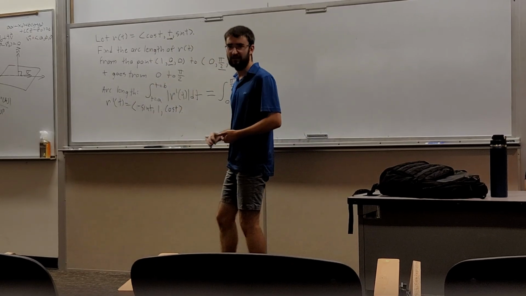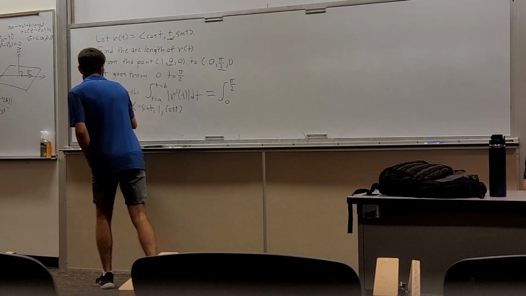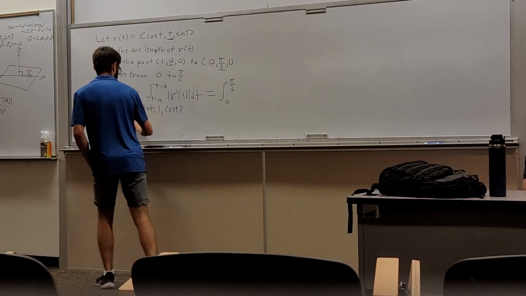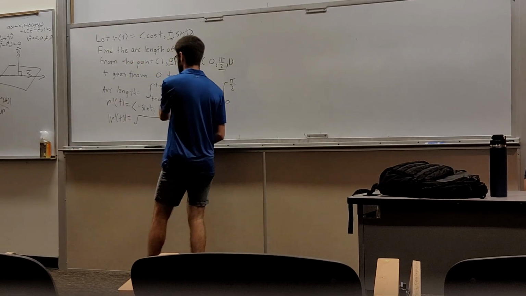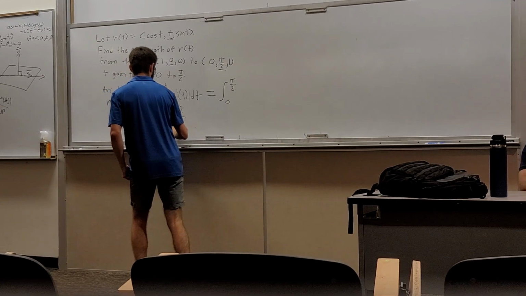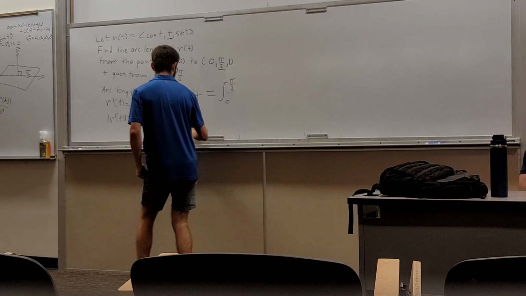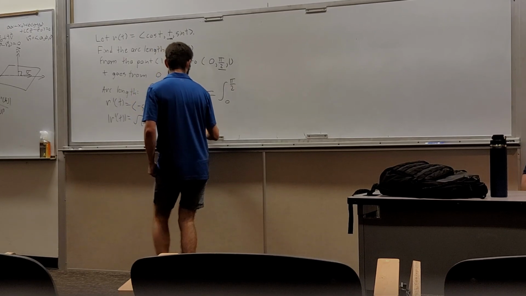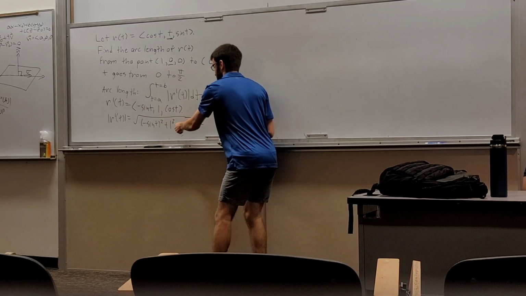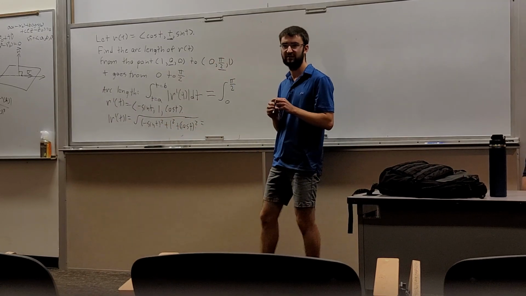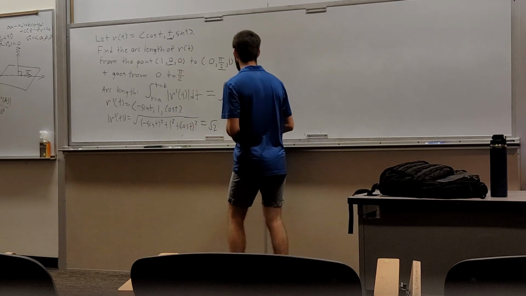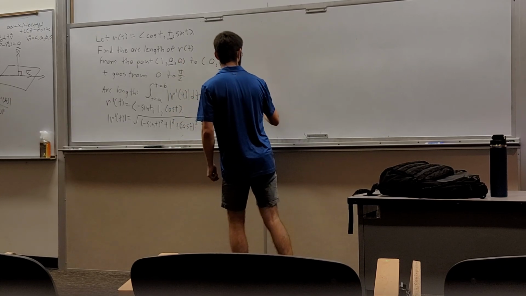Then we take the magnitude of this, the square root of the sum of squared entries. This ends up being square root of 2, because sine squared and cosine squared collapse to 1. So we plug in the square root of 2 here.